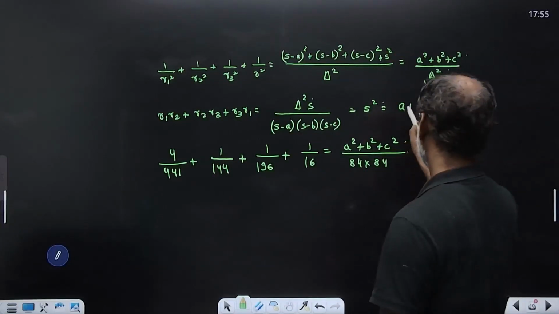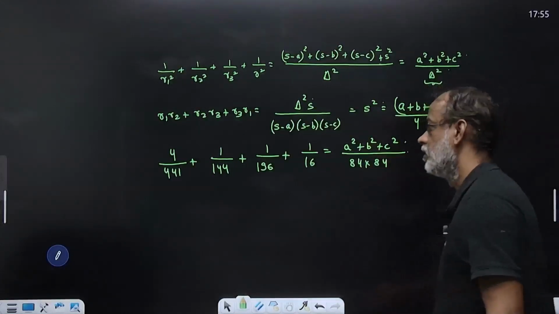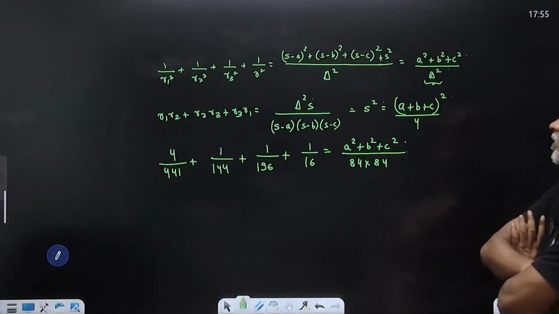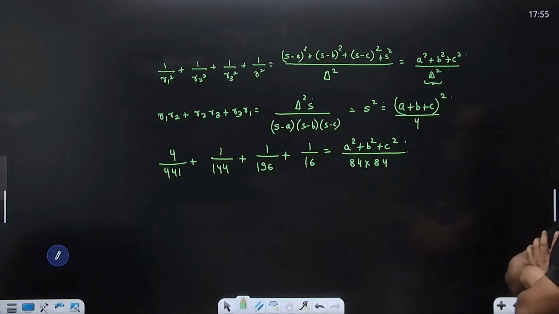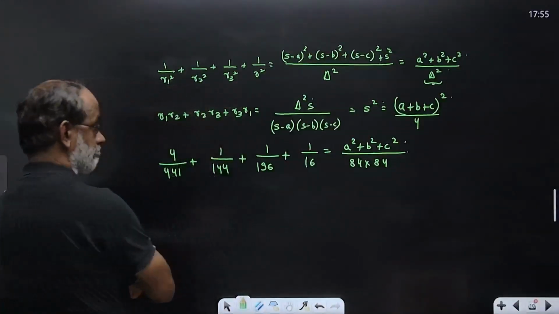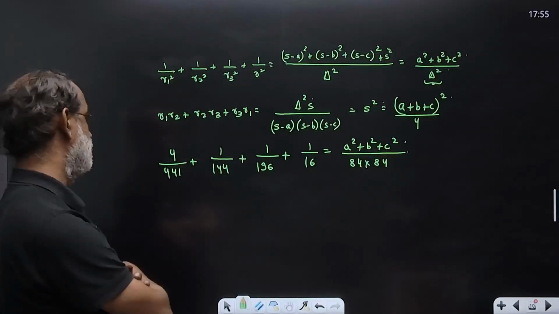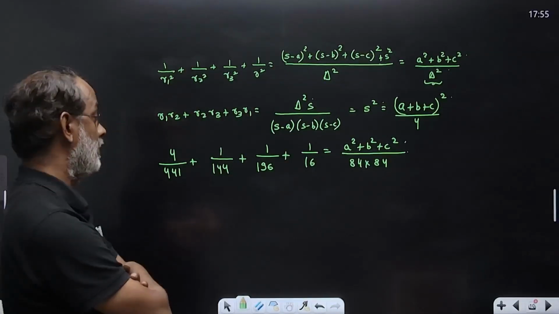A plus B plus C whole square by 4. It will be more or less square plus, that will be calculative, AB plus BC plus CA. S we can get from there, okay. This is a very demanding calculation in my eyes.